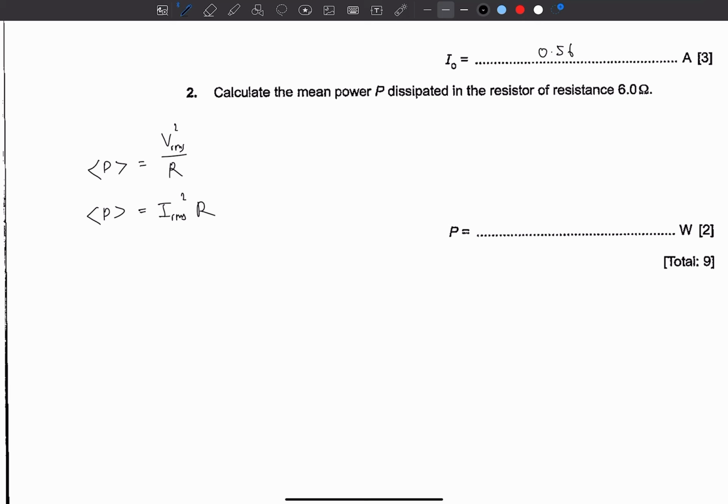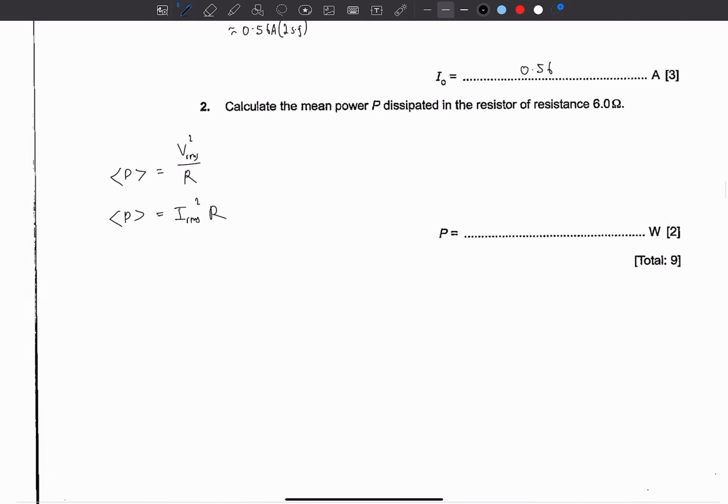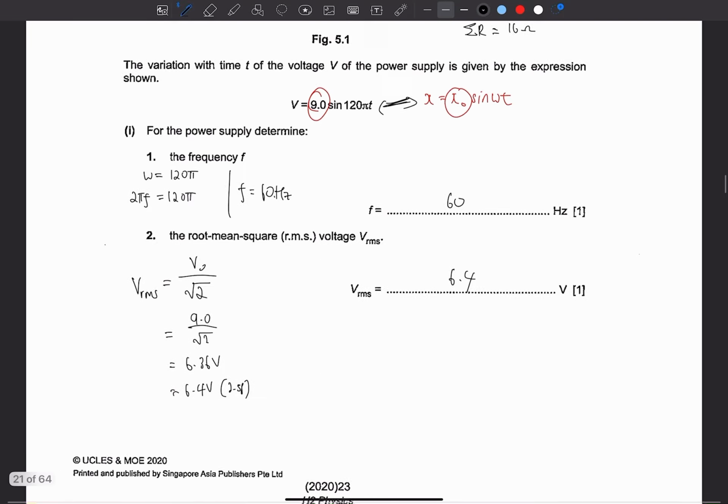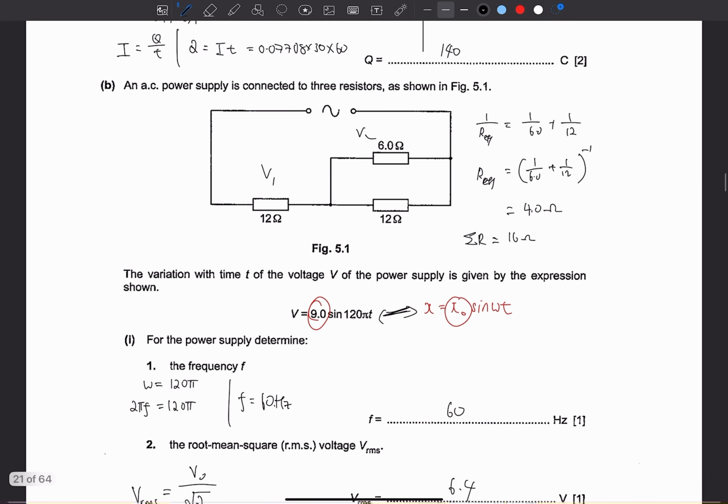So basically you have to choose between one of these formulas in order to find your mean power. For this question, using VRMS would be easier, and I'll show you why.